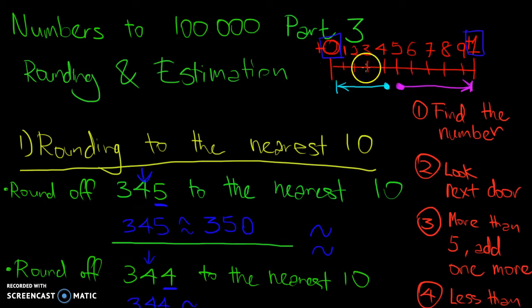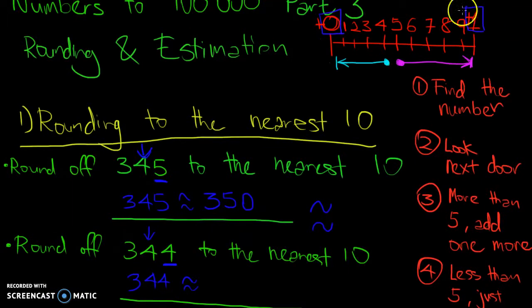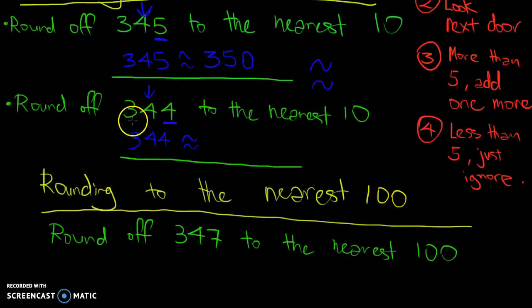Anything less than 5, you add 0. So for this, because it's 4, which is less than 5, I add 0 to Mr. Important. I say again, the number beside it is less than 5, so I add a 0 here.